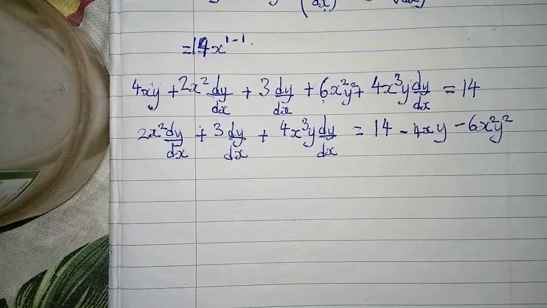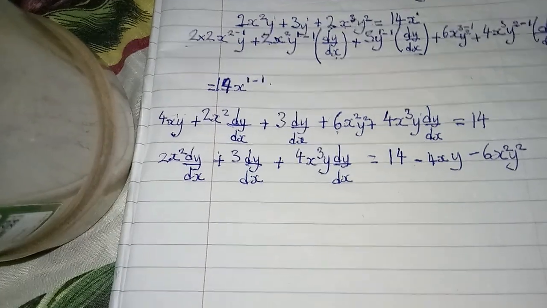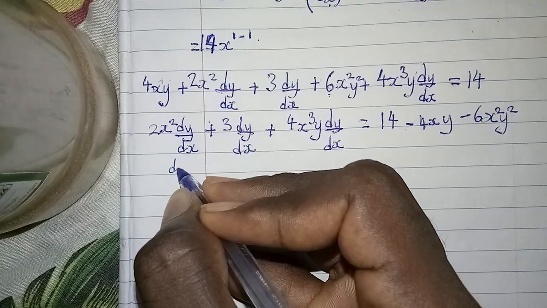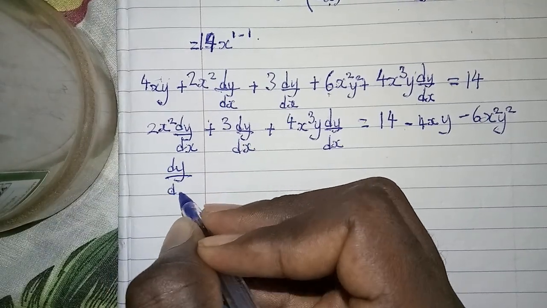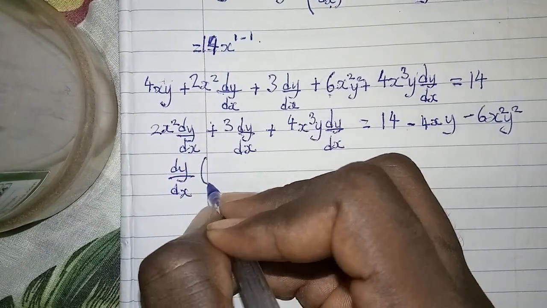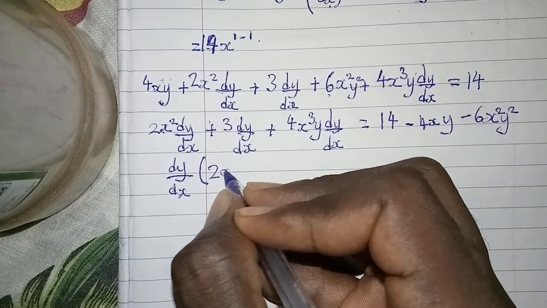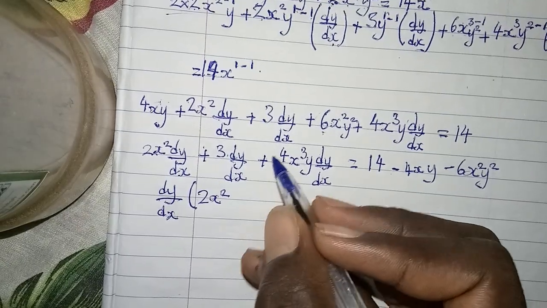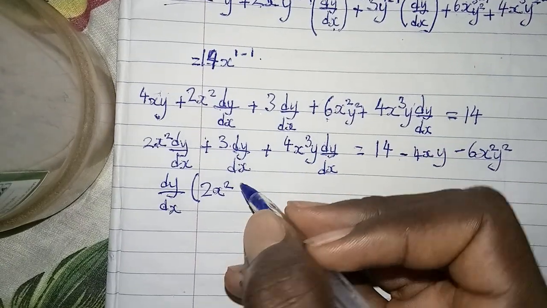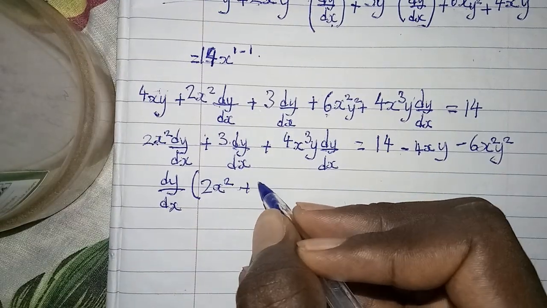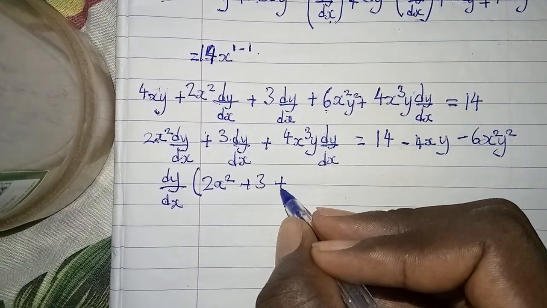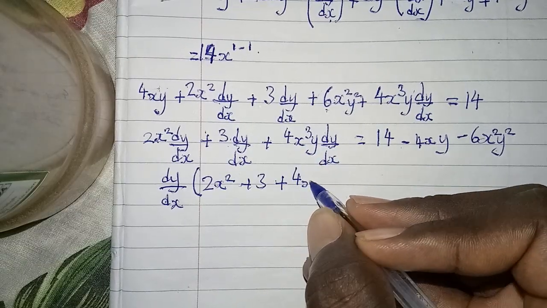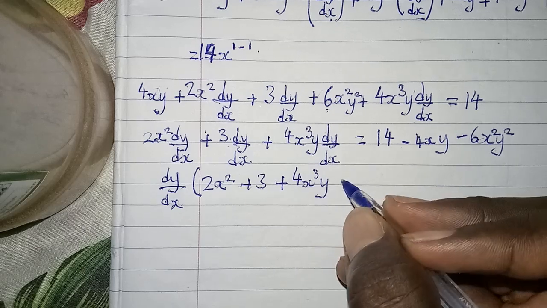Here we are going to make the dy/dx the subject. So we are going to get dy/dx times 2x squared plus 3 plus 4x cubed y.